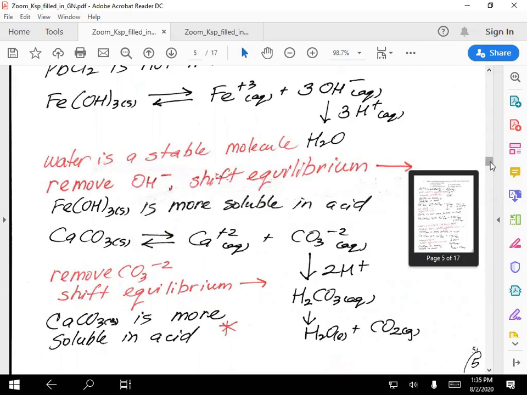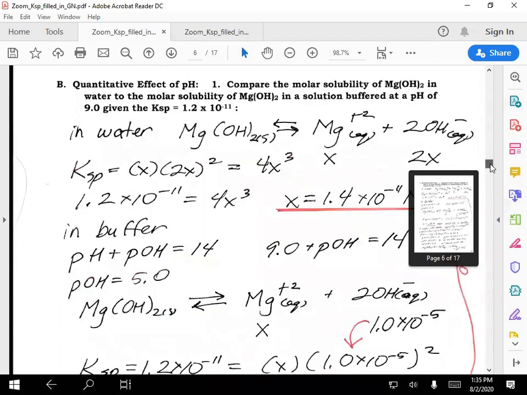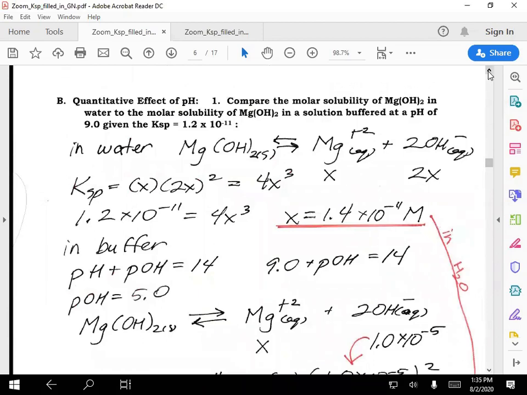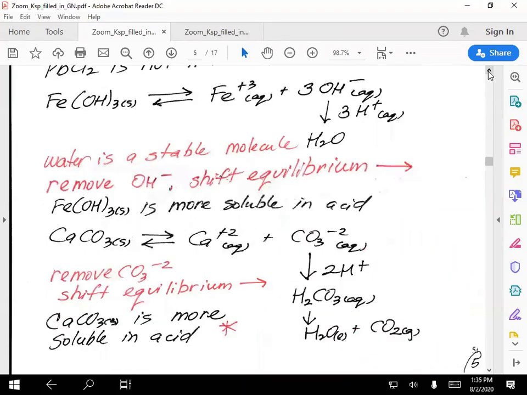So let's look at the calcium carbonate. So calcium carbonate is in equilibrium with calcium ion and carbonate ion. We have acid that makes carbonic acid.